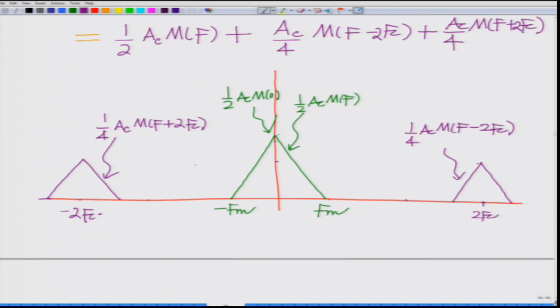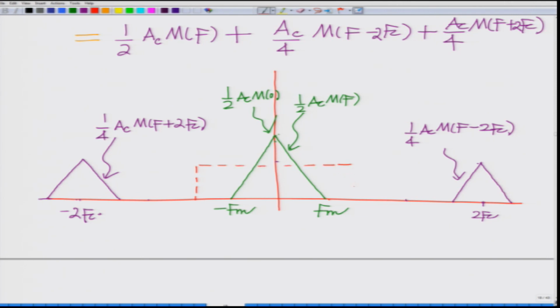I can have a low pass filter, correct. I can have a low pass filter because the base band is separated from the side bands at minus 2 FC and 2 FC.